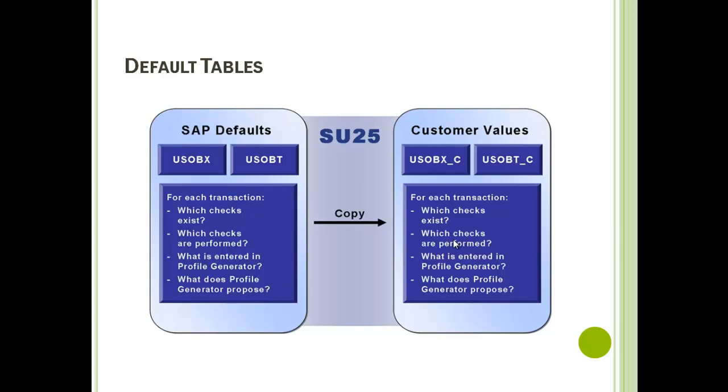Next we would like to talk about the default tables. How is SU24 being displayed? By default, whenever SAP delivers the software, it has two tables, USOBX and USOBT. These are SAP standard default tables delivered by SAP, which have all the details related to authorization checks for each transaction code used in SAP.